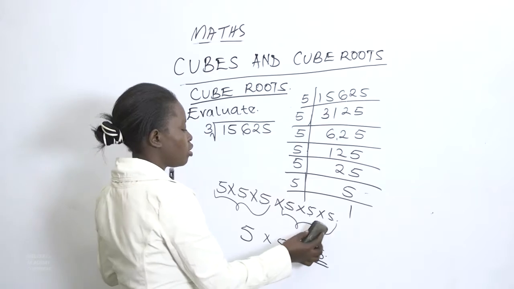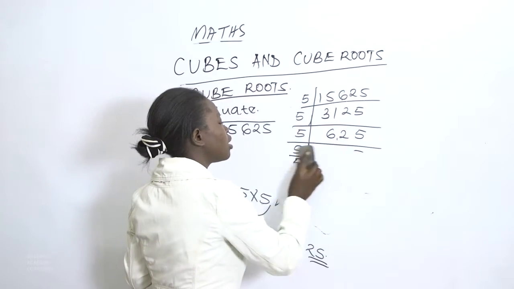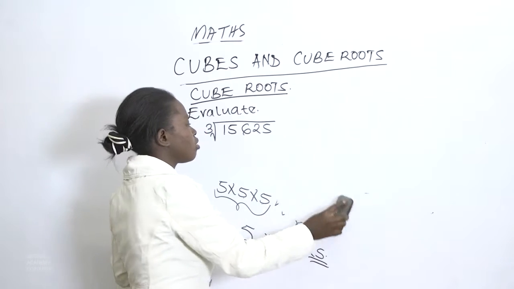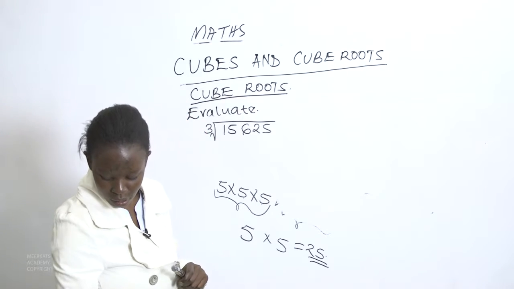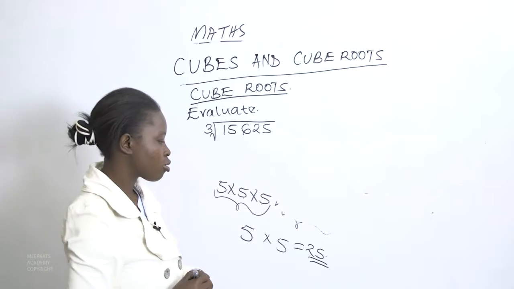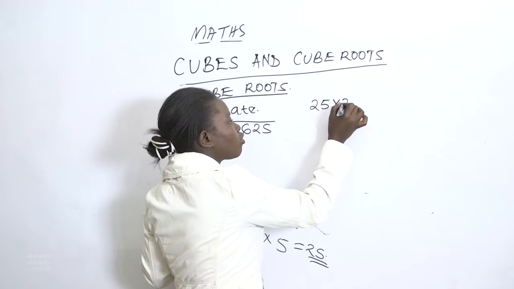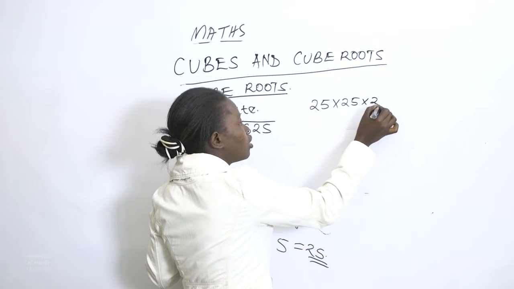So let us confirm. Can I multiply 25 repeatedly 3 times and see if I'll get 15,625? So 25 repeatedly 3 times, that is 25 times 25 times 25.